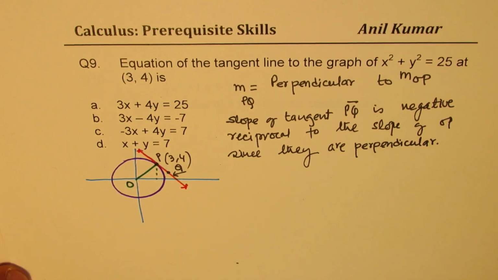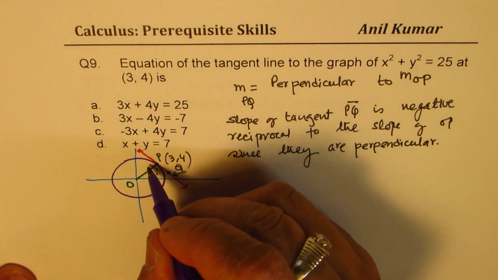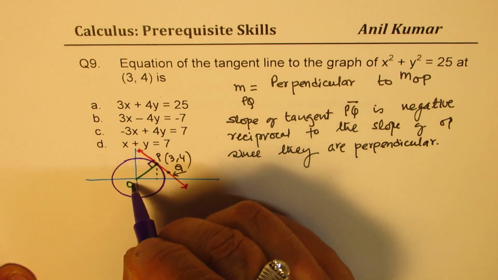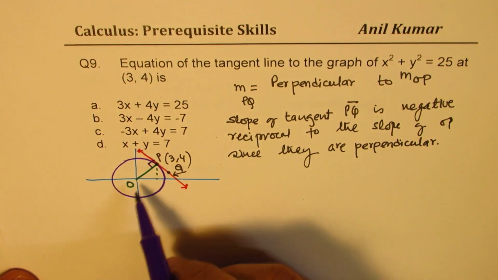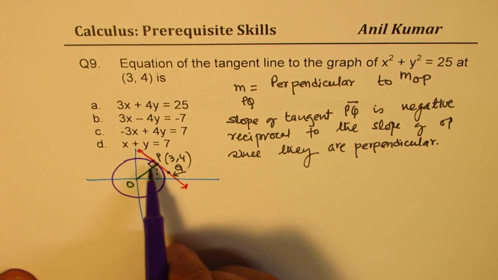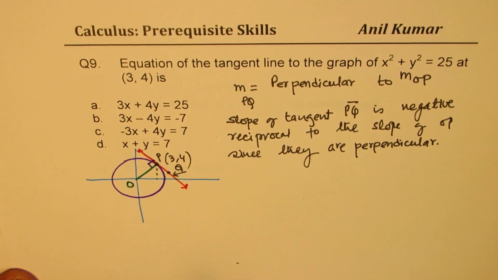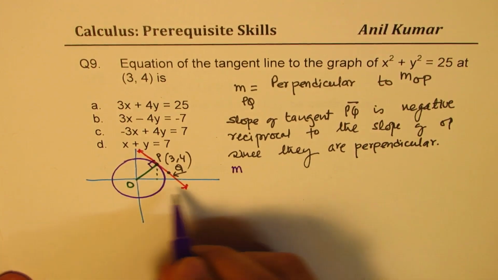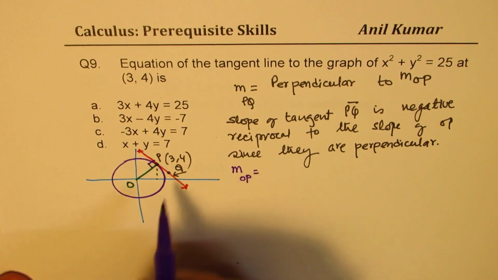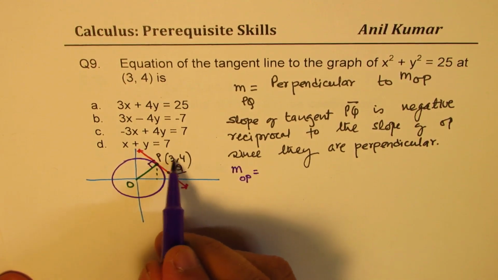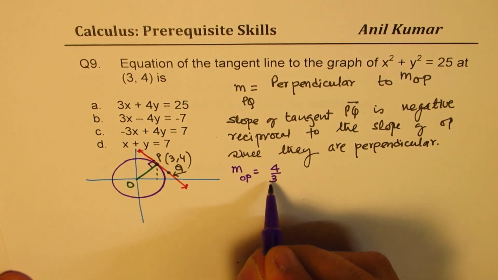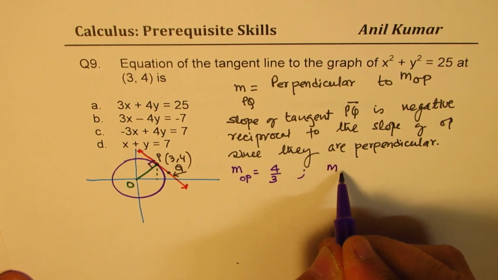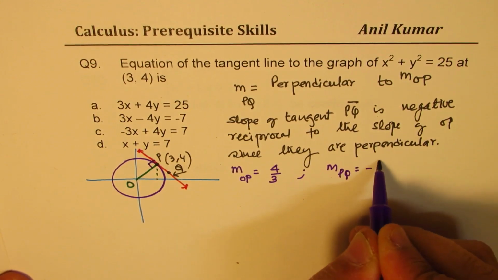So what I'm trying to say here is that the radius O to P is perpendicular to the tangent PQ. So that really means if I find the slope of OP, which is 4 over 3, rise over run is 4 over 3, in that case, the slope of PQ will be negative 3 over 4.